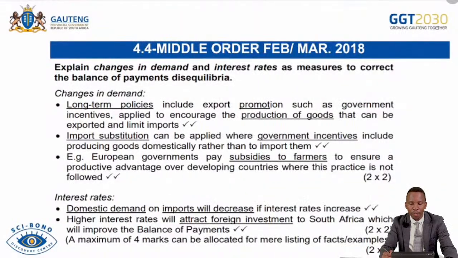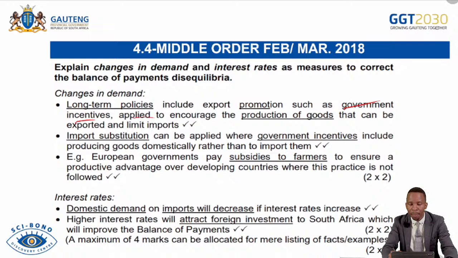And then another 8-mark question. Explain changes in demand and interest rate as means to correct the balance of payments disequilibrium. This is found also under the correction of BOP disequilibrium. So the content is there, you provide it back as it is. Change in demand. Long-term policies include export promotion, such as government incentives applied to encourage production of goods that can be exported and limit imports.